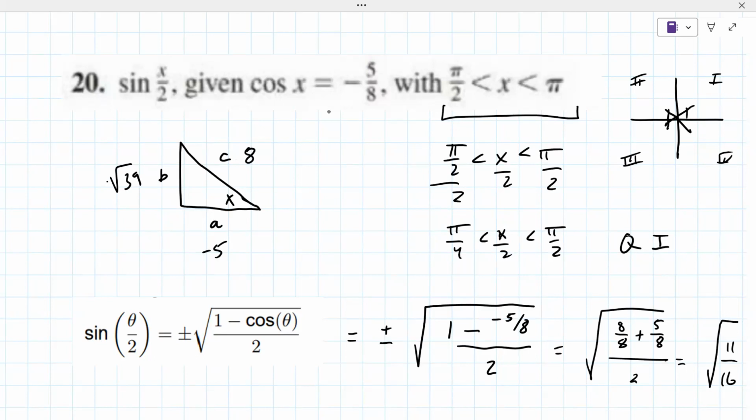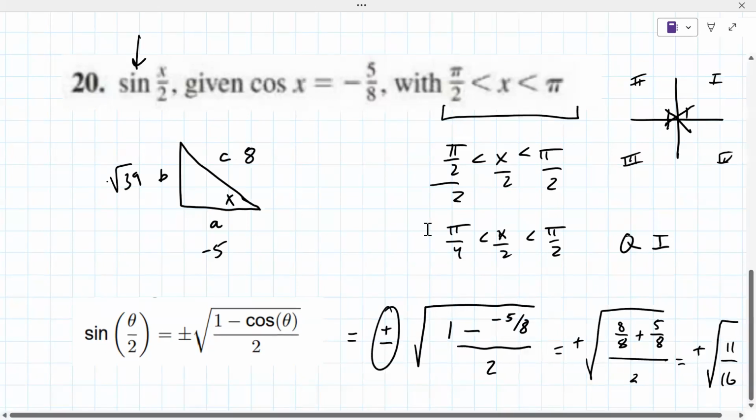Does that make sense? Yeah. All right, so that means in quadrant 1, is sine, the original one, positive or negative? Negative. Positive. It is positive.